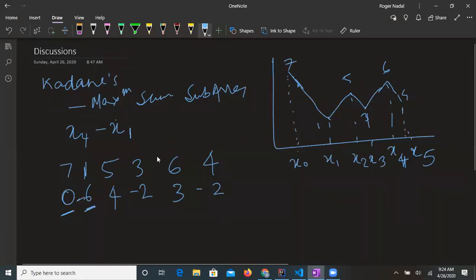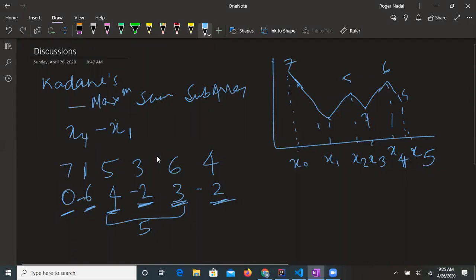But 4 is good. Even minus 2 is good, because 4 plus minus 2 is still positive. 3 is good. And what I have made till this time is 5. And then minus 2 is also good. Total is 3, but I could have made 5 here itself, right? So as you can see, this works.